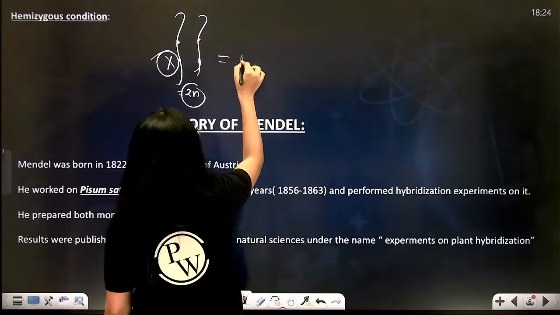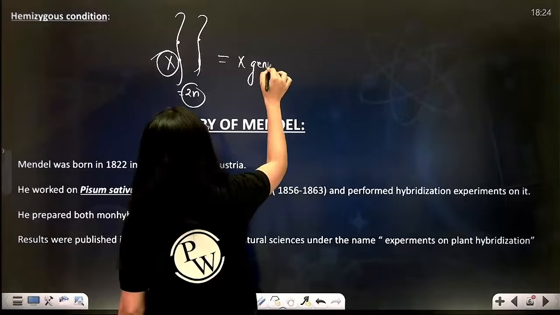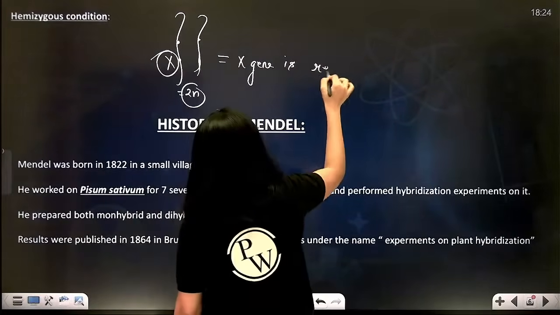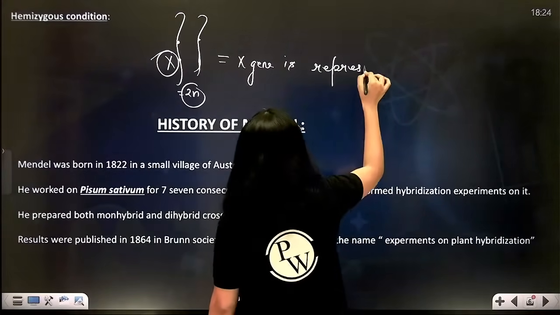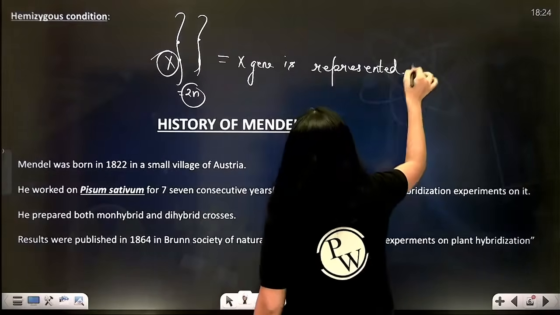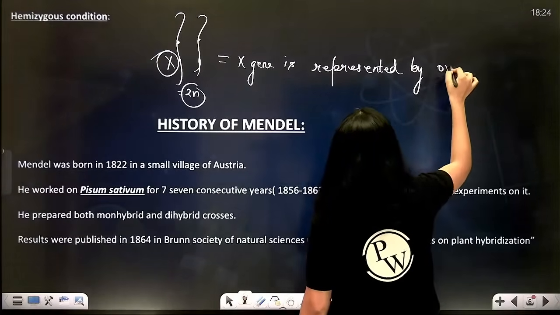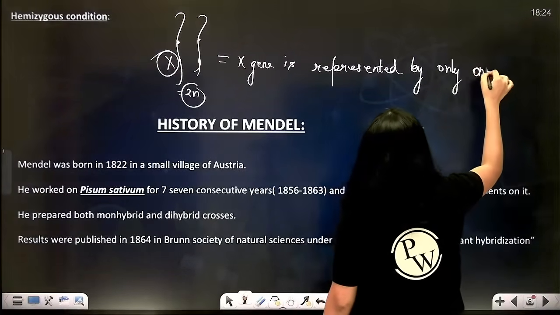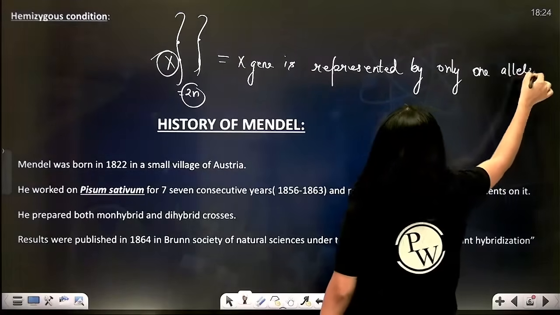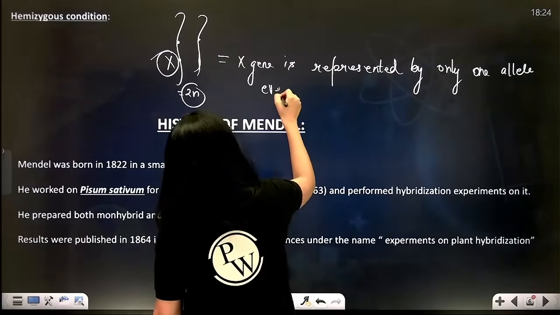So here the X gene is represented by only one allele, even in a diploid organism.